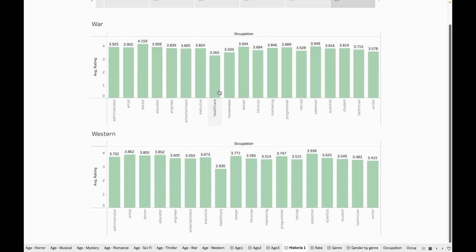And here we can see that people that work in the healthcare sector gave the lowest rate, and doctor people give the highest one. And then we also see that lawyers and salesmen are really close to each other, and also a really high rate. Okay, and this is all the study I made.